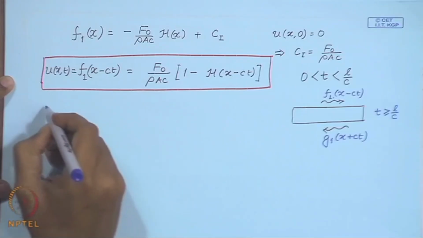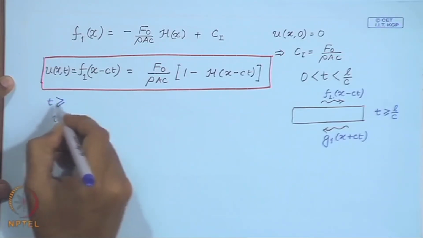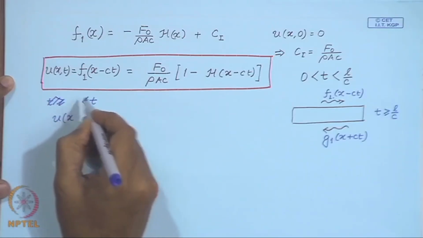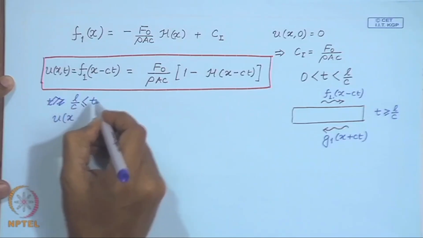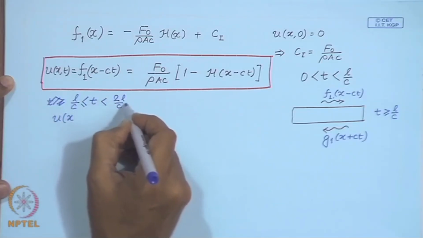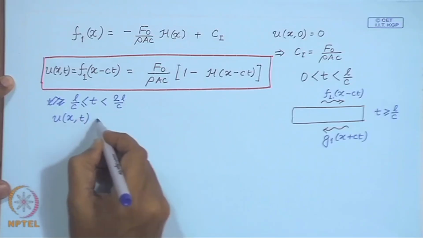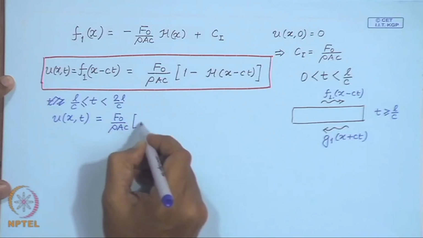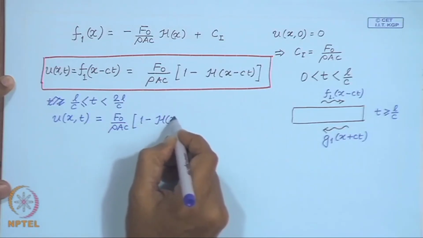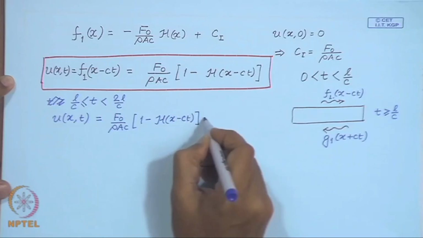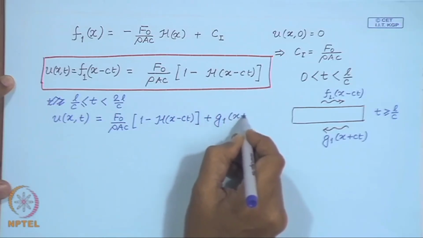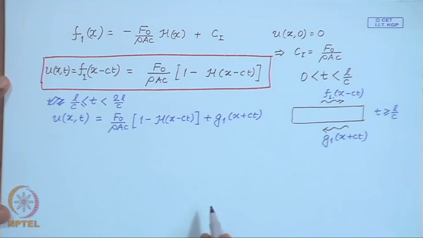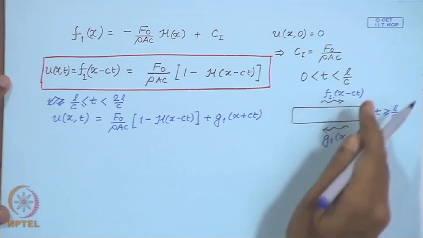wave field, so if t is... so this is the solution when the wave goes and hits the right boundary.